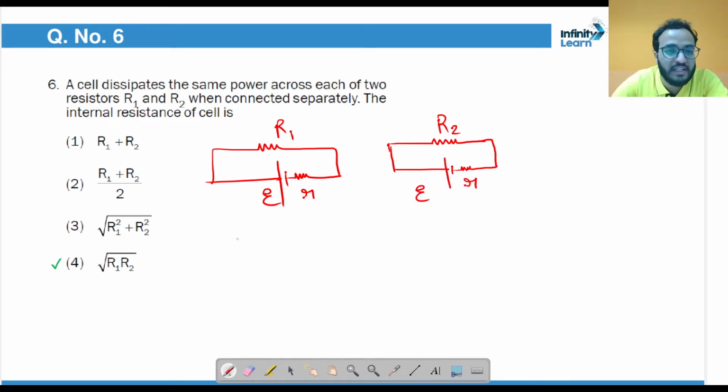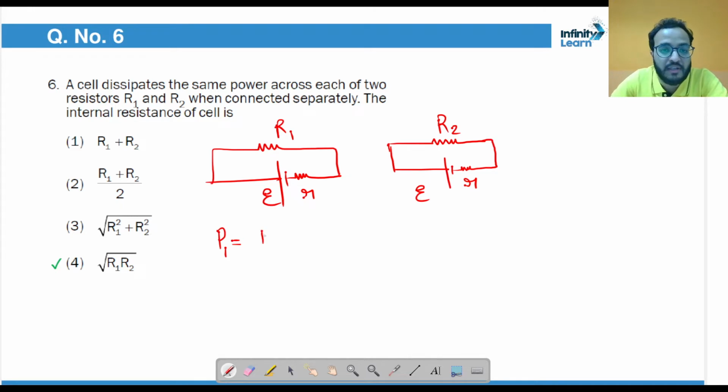So we can say that EMF is equal to I1. What they want is that the cell dissipates the same power across each of the two resistances. Same power. So let's discuss what the power dissipated is in the first case.